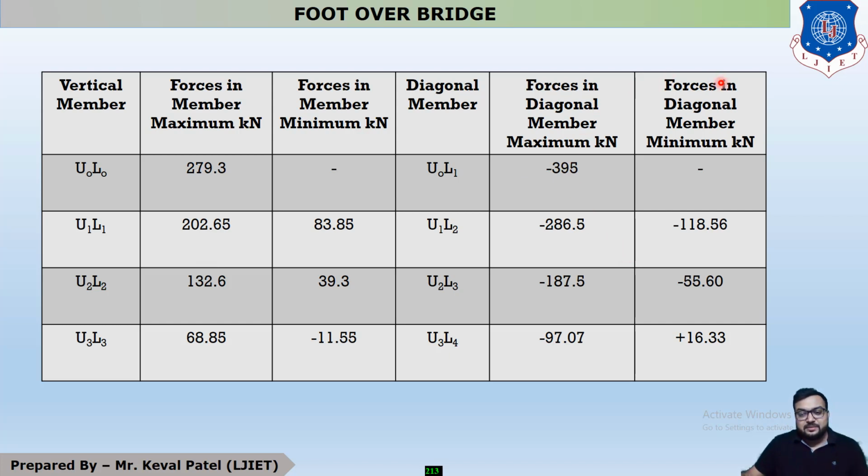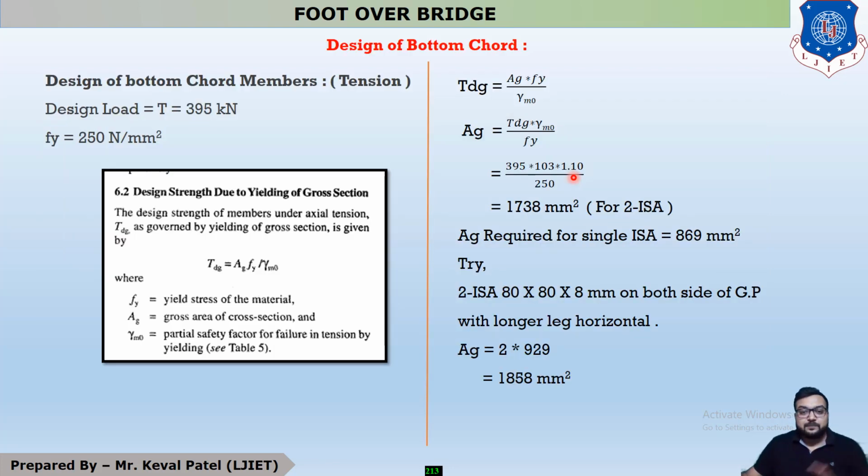Now, what is the maximum force? Your maximum force is 395 kilonewton, and this 395 kilonewton is a tensile force. It means you have to design the diagonal member as a tension member, which is your step number 10, in which you find three values. This is the revision of the design of the bottom chord member.